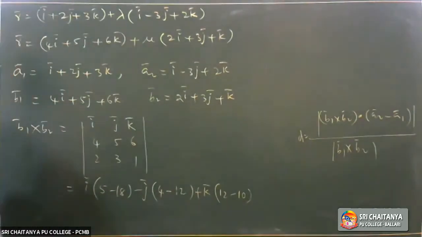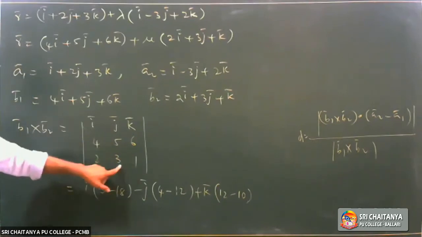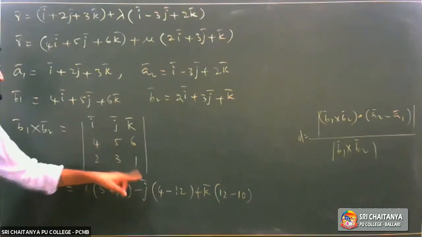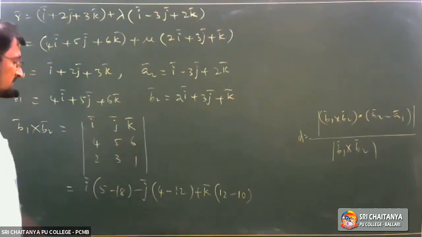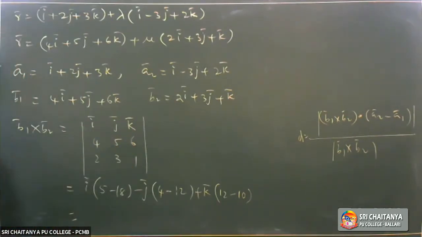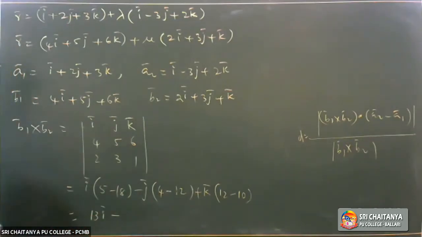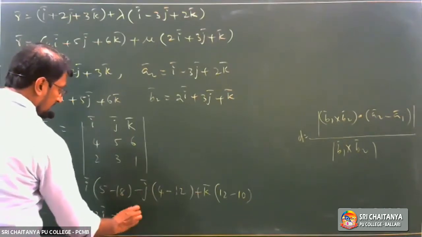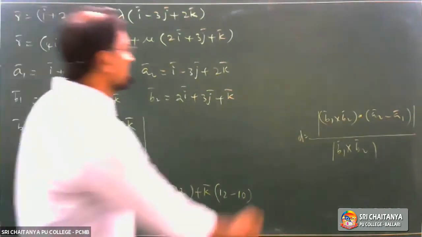I am going to repeat this step once again. i into 5 minus 18 minus j bar into 4 minus 12 plus k bar into 12 minus 10, which you are going to get as minus 13 i bar. Here it becomes minus 8, so it becomes positive 8j bar plus 2k bar. Right?